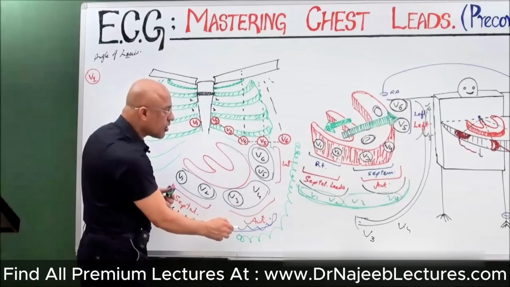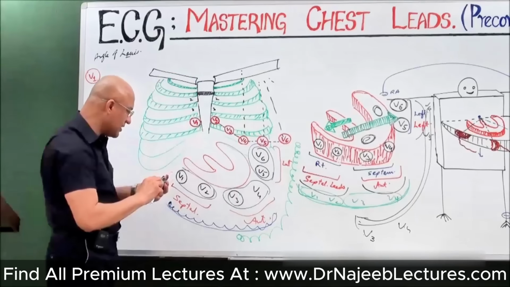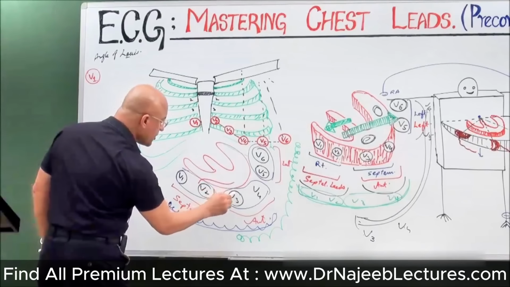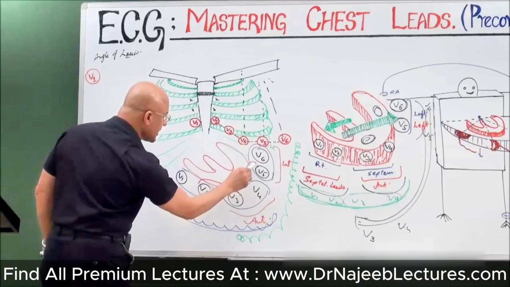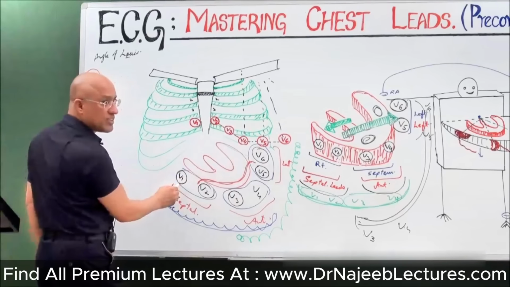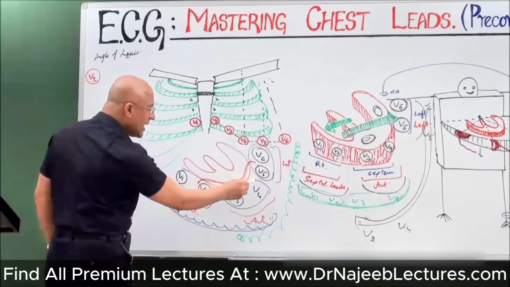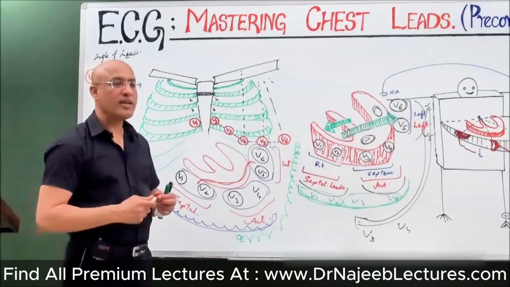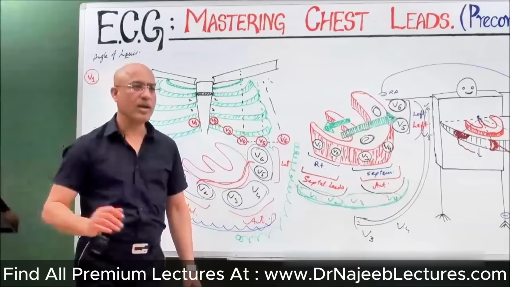Anterolateral. Some people call it anteroapical also. Now another thing. If changes are in V2, V3, V4 and V5, this is not very lateral, not very septal. So what is this? A large anterior MI.